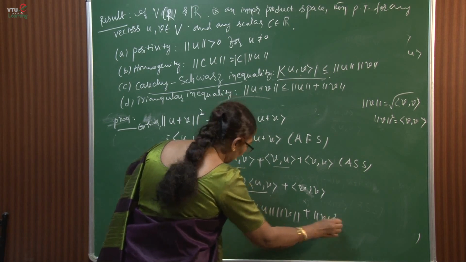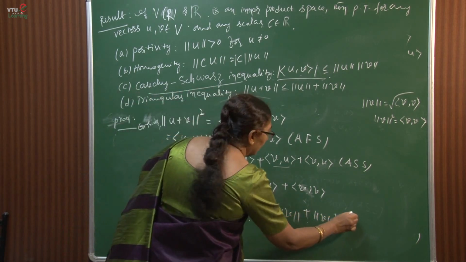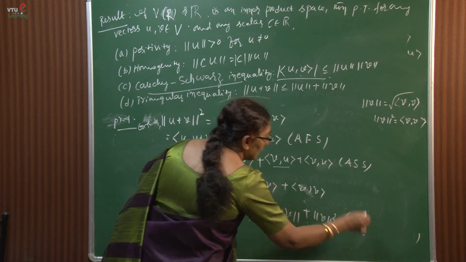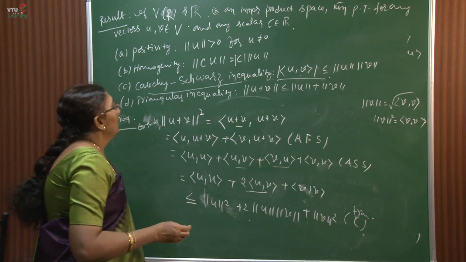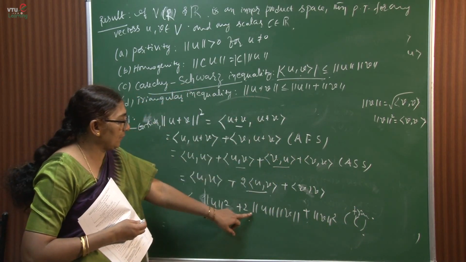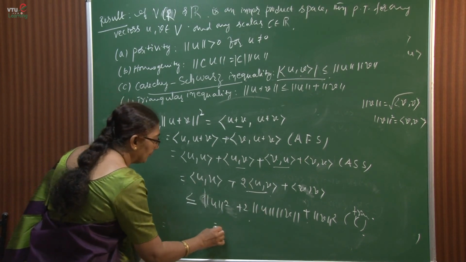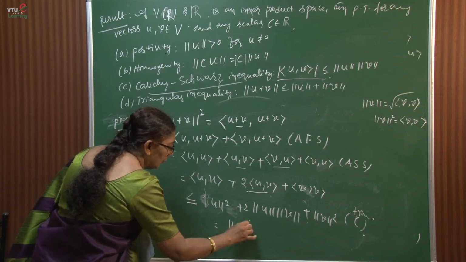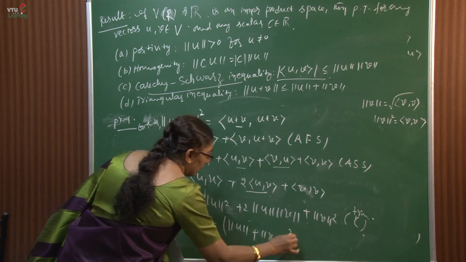This is just like a square plus 2ab plus b square. Therefore, this is nothing but norm of u plus norm of v, whole square.